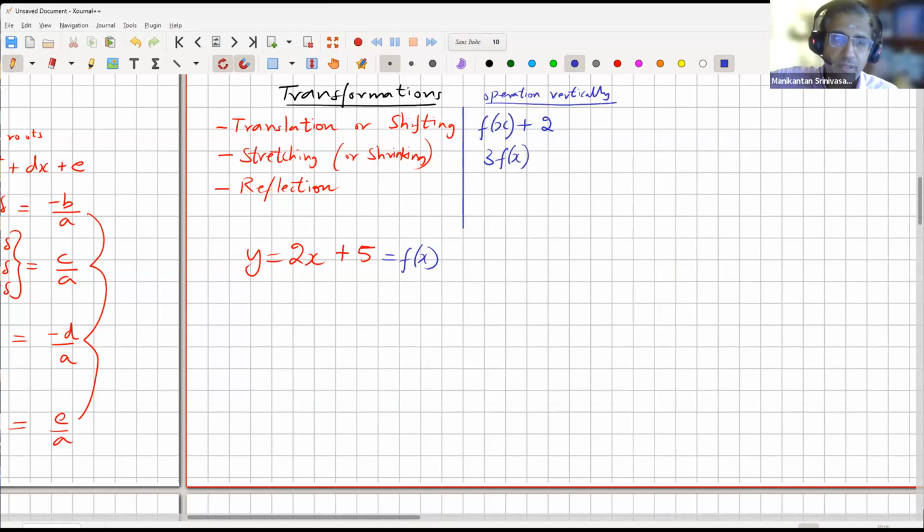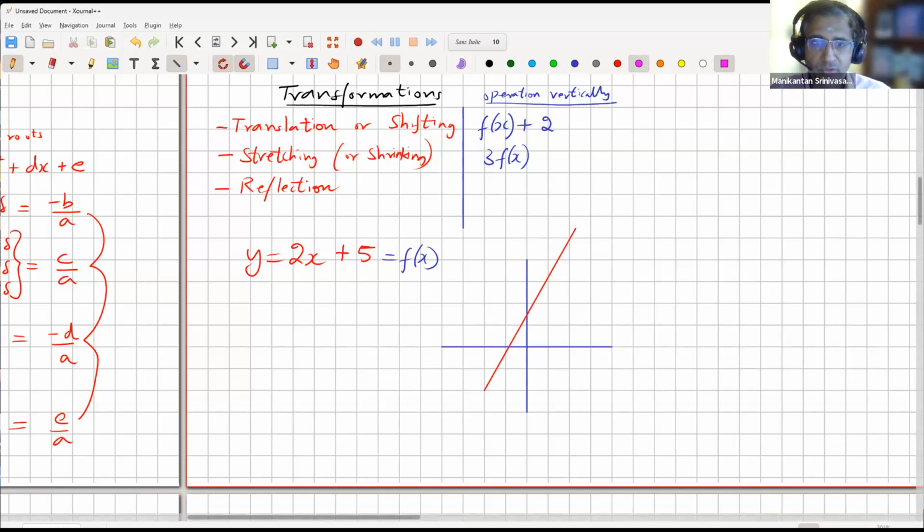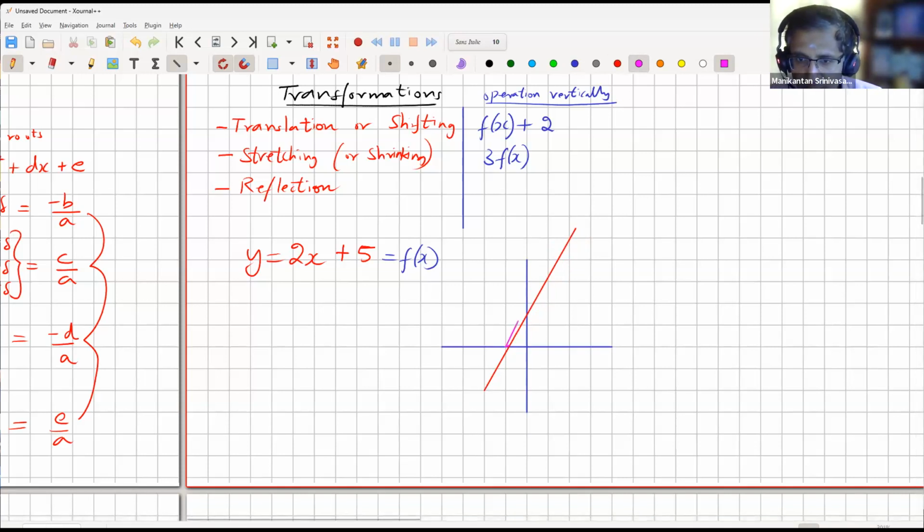So you're pulling it upwards by a factor of 3, which means positive values will become more positive, negative values will become more negative. For example, how will this graph 2x plus 5 look like? It will be something like this. Now this will become pulled up by a factor of 3, meaning whatever is on the x-axis won't have any effect, but everything positive will get pulled up by a factor of 3.